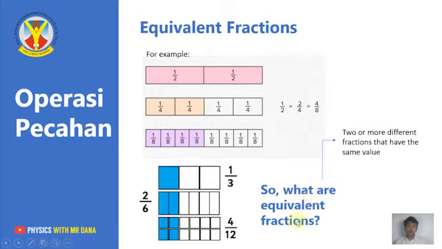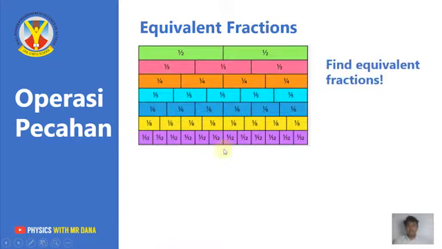So what are equivalent fractions? Equivalent fractions are two or more different fractions that have the same value. You can see this picture here. Say you need to find equivalent fractions, for example fractions equivalent to 1/2. How do you do that? Just find another fraction with the same length.